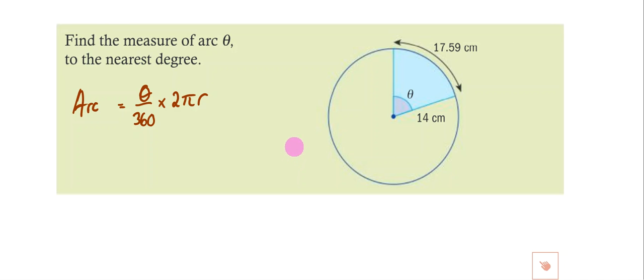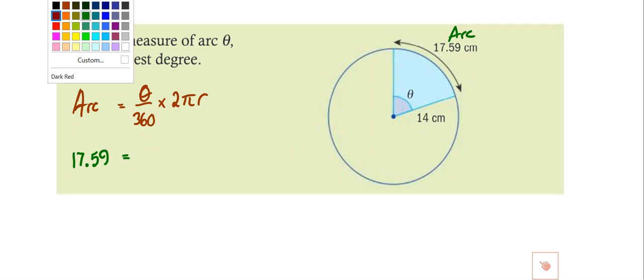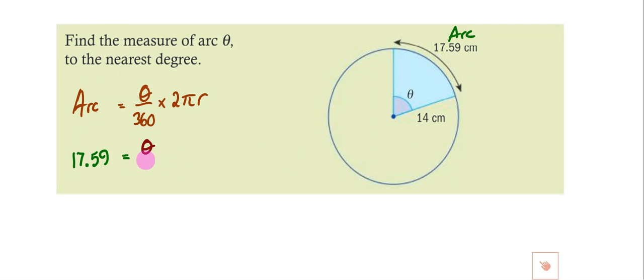All right, so start bit. Actually, here is the arc length, so I can replace that with the 17.59. The theta is the thing that I want to know. 360 is good, times 2 is good, times pi is good, times r, well, r is 40.